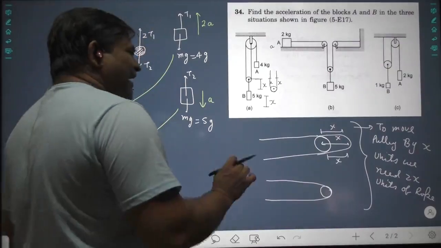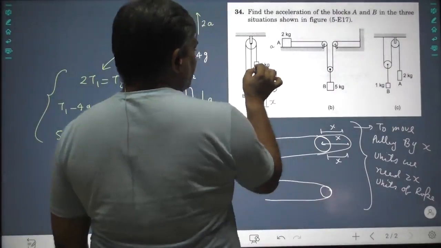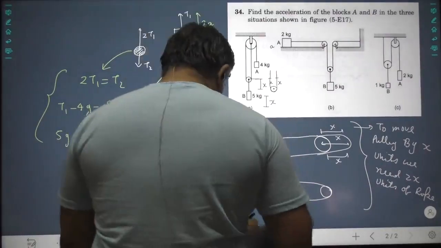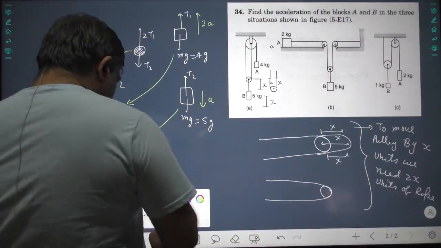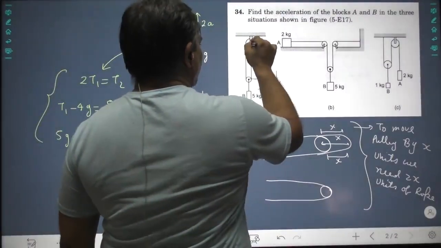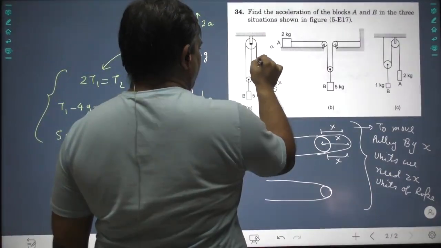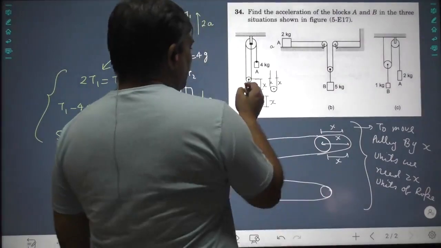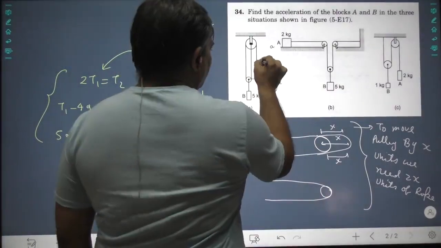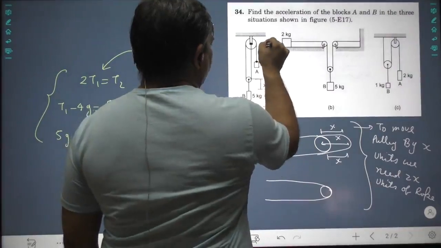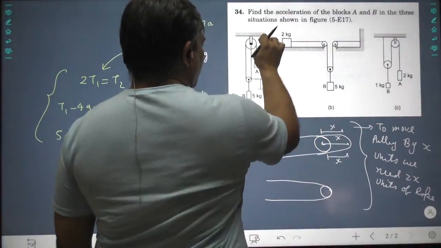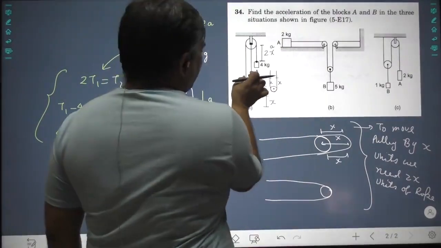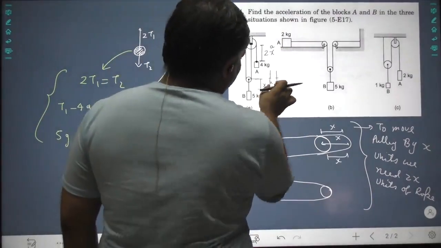Now understand, this 2x units, the rope has only two ends. Please see here. This end is fixed and this end is movable. So if you want 2x units here, then this block should move 2x units upward to free 2x units of length, which can be adjusted here as x and x.